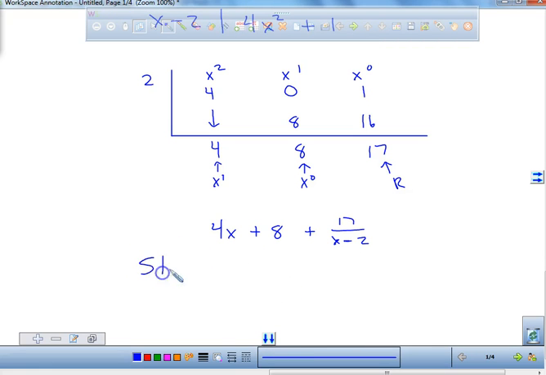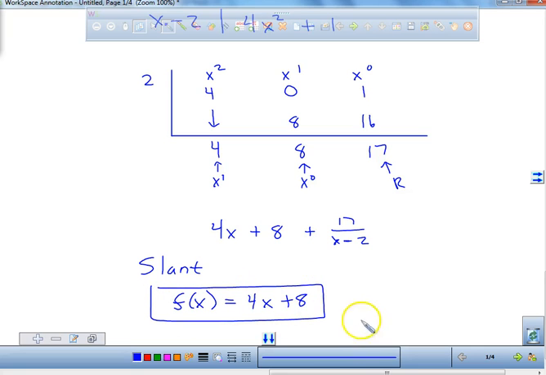Your slant asymptote, everybody, for this problem is this. F of x equals 4x plus 8. That would be your slant asymptote. So whatever you get right here, that's your slant asymptote after you use synthetic division.